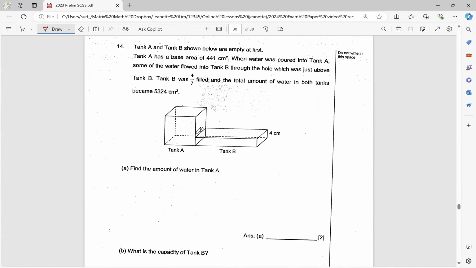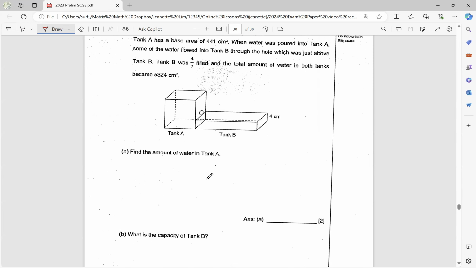The amount of water in tank A, right, for it to overflow, for it to flow to B, it will have to reach up to that height. And it just can't fill more than that because of the hole. Okay, so what is the amount of water in tank A? How high can it go?